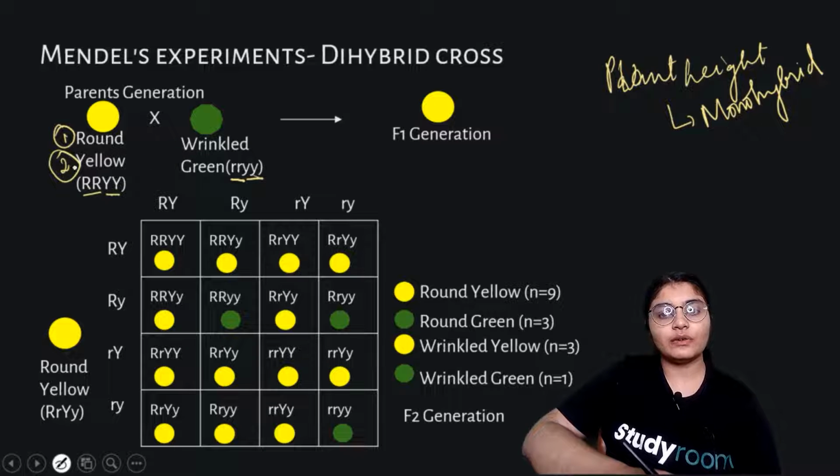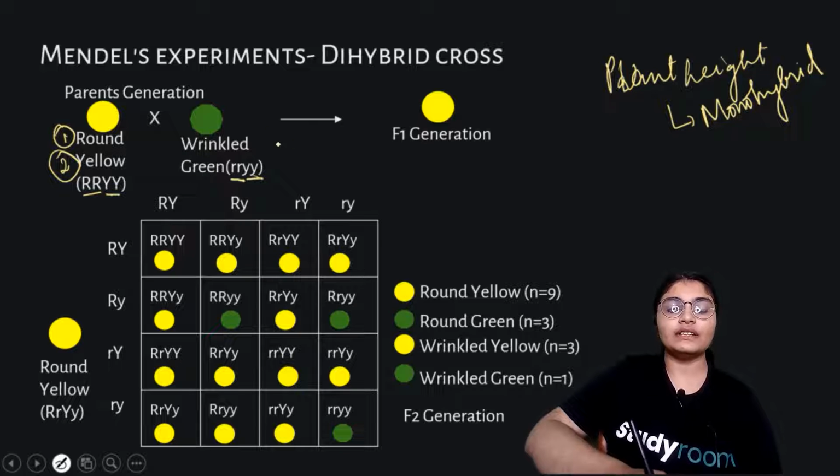Now you know what a dominant and a recessive trait is, and what a dominant allele and a recessive allele is, right? So here the dominant trait is round and the recessive trait is wrinkled. In seed color, we have the dominant trait as yellow and the recessive trait as green. Okay, so when these two are crossed, there is production of F1 progeny.